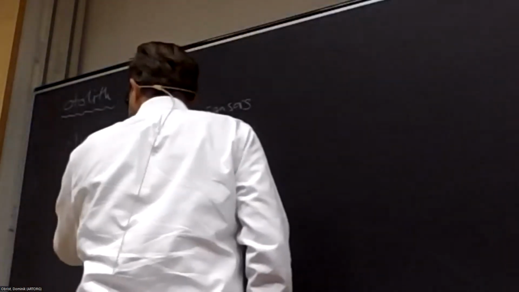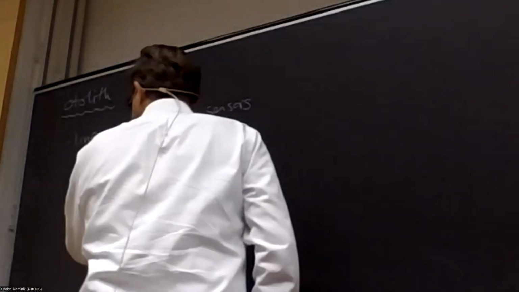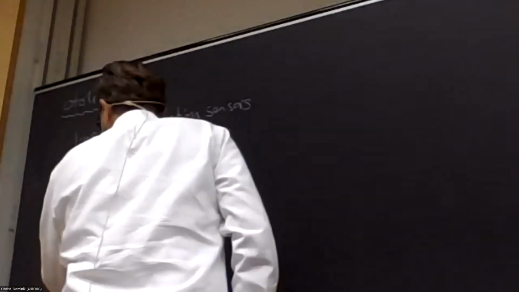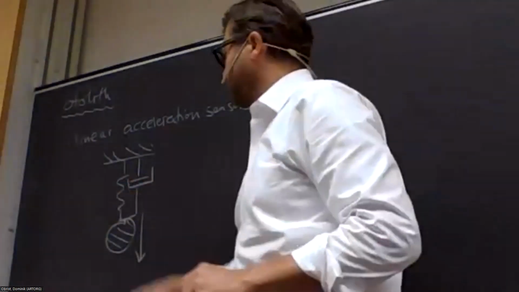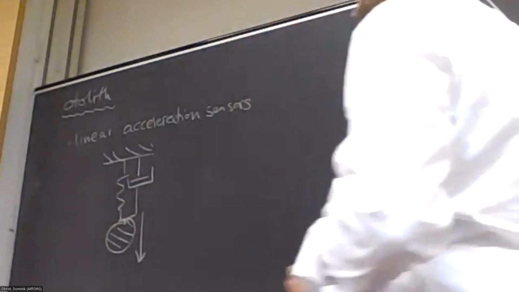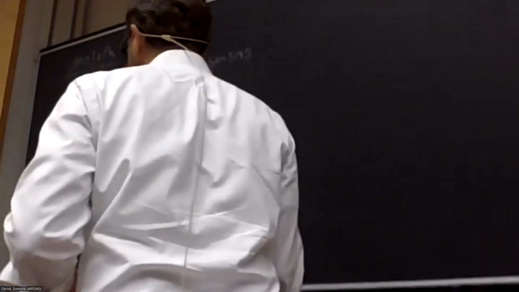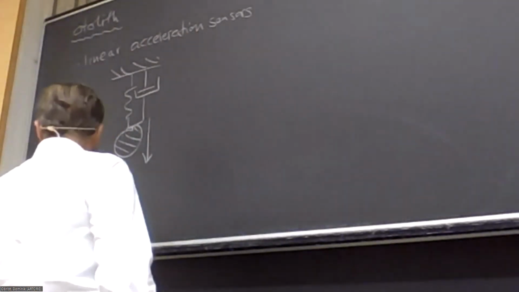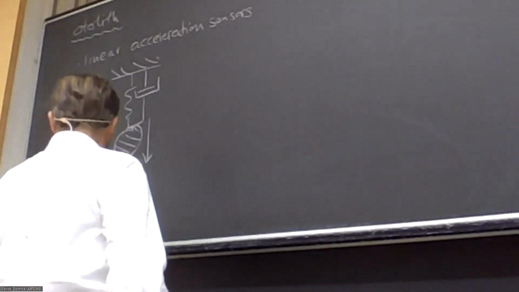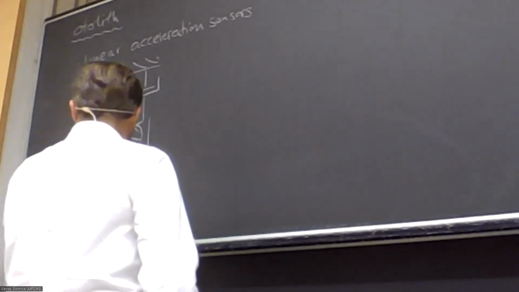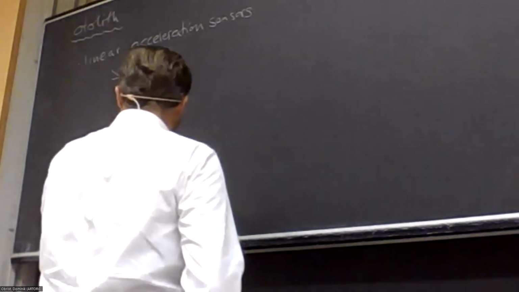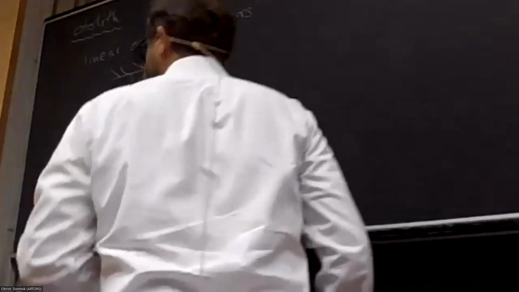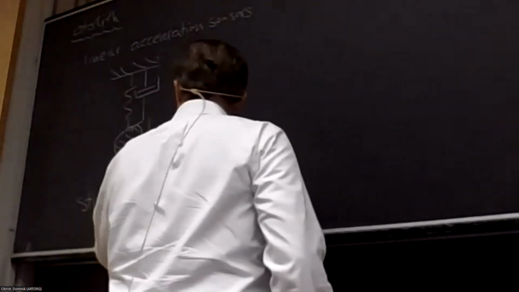So what we also need here is a dashpot element or a damping element, right? Not just a spring, but also a damping element. But the important thing is to understand that the stimulation of this sensor is proportional to the acceleration.